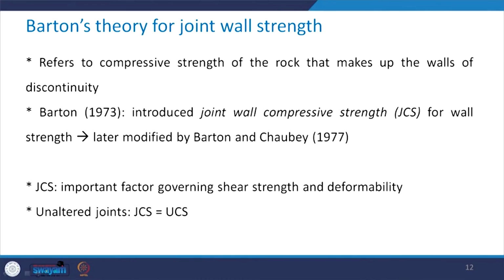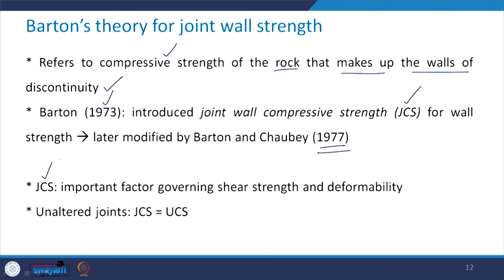So, when I talk about the joint wall strength, this refers to the compressive strength of the rock that makes up the walls of the discontinuity. Barton in 1973 introduced a term called joint wall compressive strength, given by JCS for the wall strength, and this was later modified by Barton and Choubey in 1977.